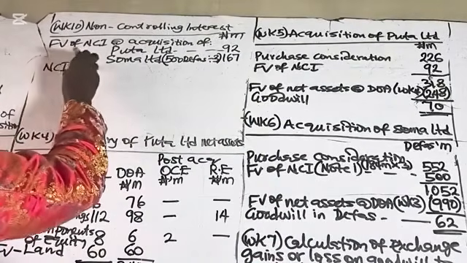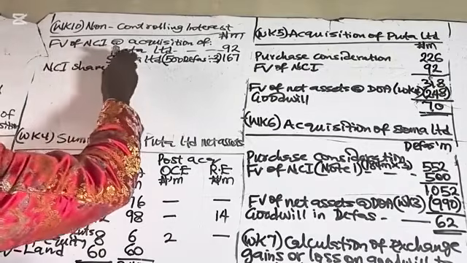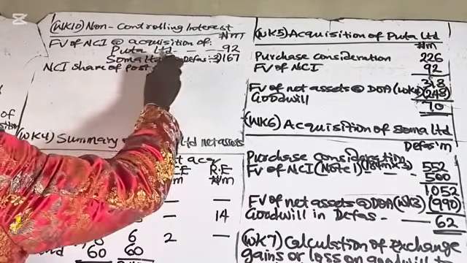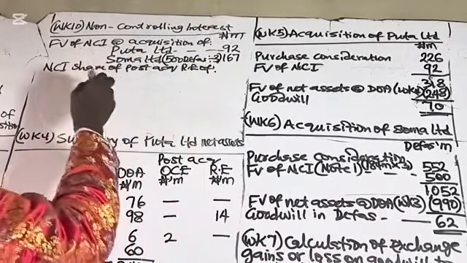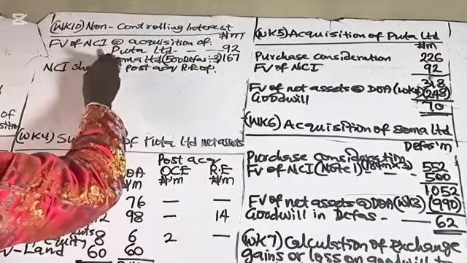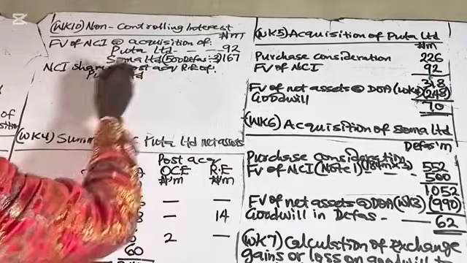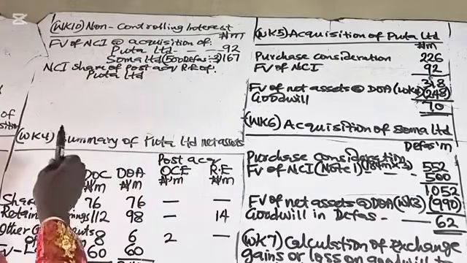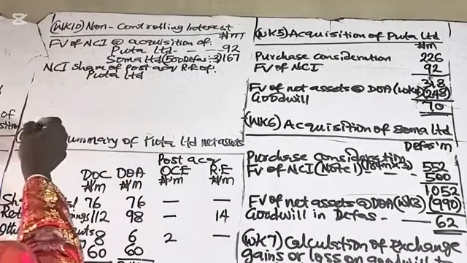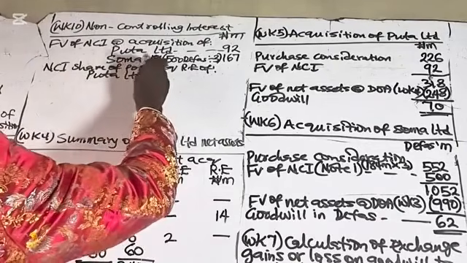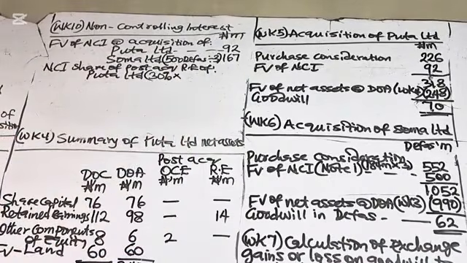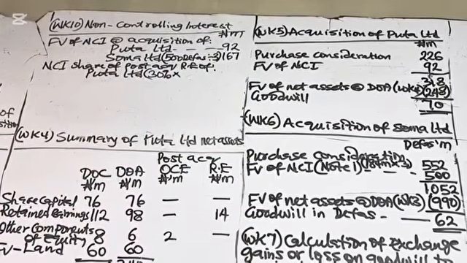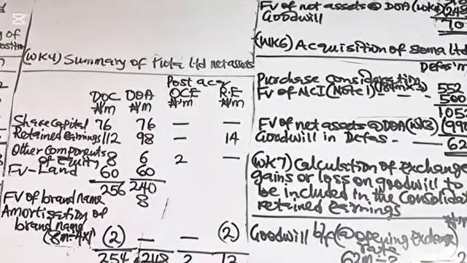Then we now have NCI share of post-acquisition retained earnings of Puta Limited. Remember, the stake of Rapuya in Puta is 70%. Therefore, 30% is attributable to non-controlling interest. How much is the post-acquisition retained earnings of Puta Limited?